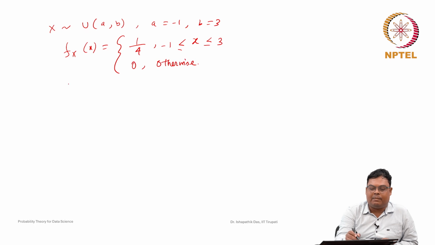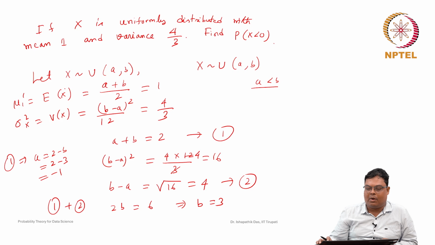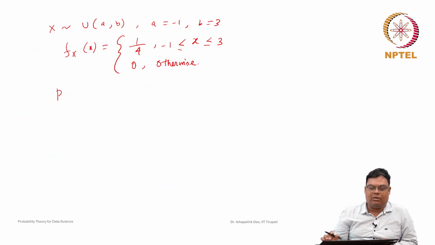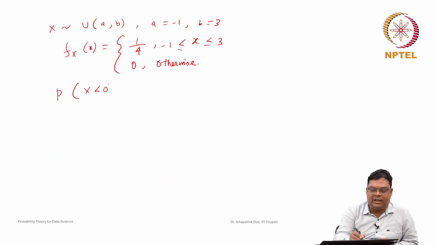Then how can we find the probability of x less than 0? It is asked, what is the probability that x is less than 0.